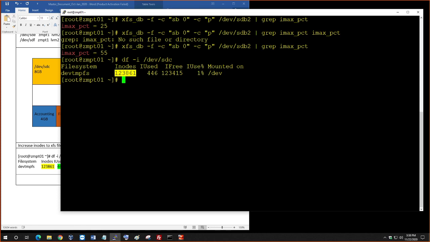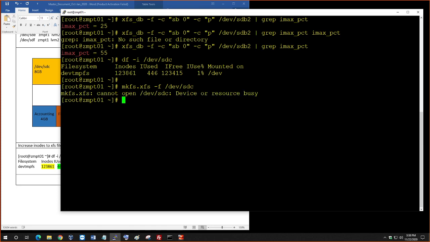So I'm going to say mkfs -xfs -f /dev/sdc. Okay, and I'm going to hit enter. It says device or resource busy. SDC1.